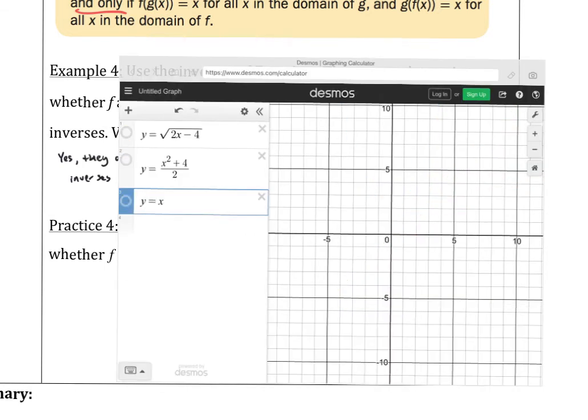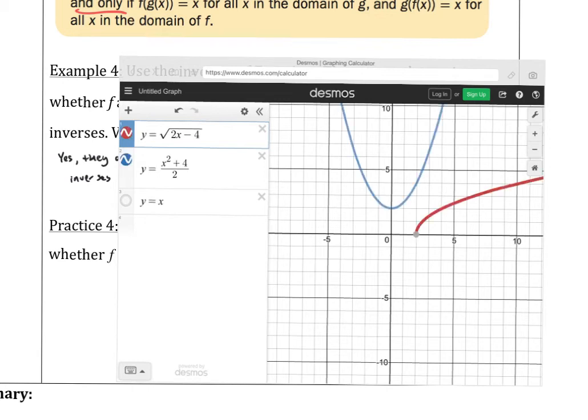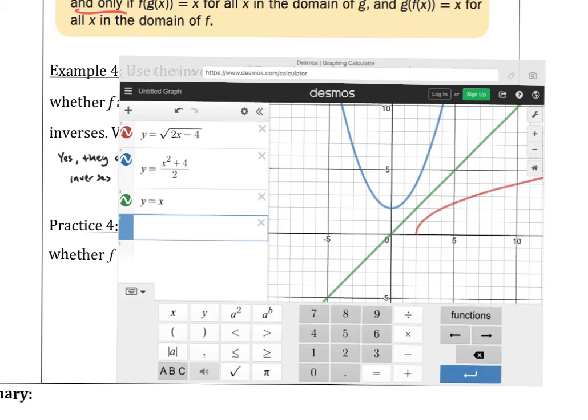Okay, so now let's verify this by graphing. So let's take a gander here. I'm going to graph the first one here to be the radical situation, and then graph the x squared plus 4 over 2 to get the blue, and then we graph the line y equals x. This is the line of reflection. Now, I do want to point out to you that this guy right here is only half, right?